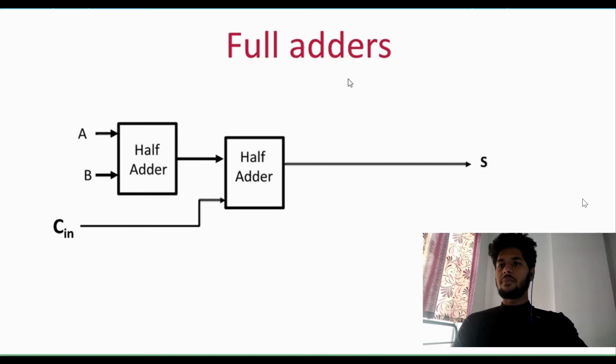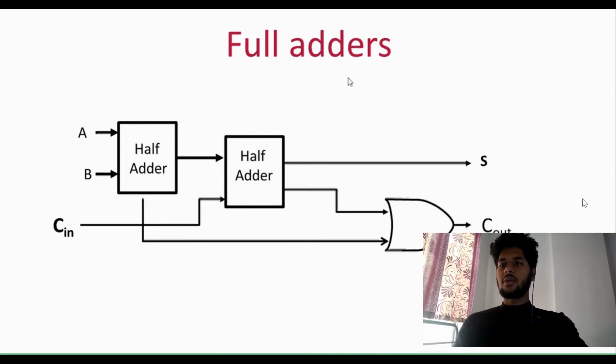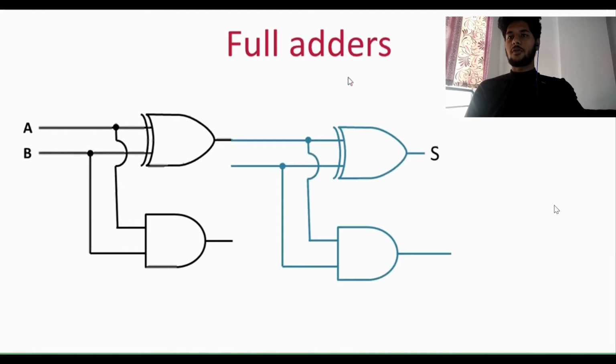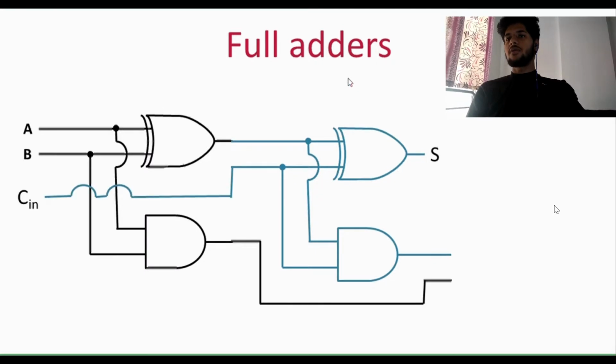They make a sum and a Cout connected to an OR gate. The gate diagram of the full adder is as follows. There is a half adder which is further connected to a second half adder which gives the sum, and the carry is connected to the next half adder which gives Cout.